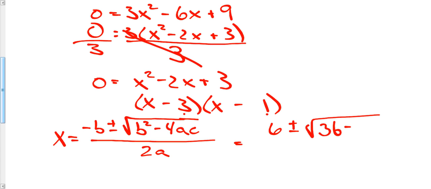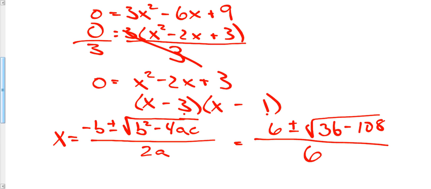So 3 times 9 is 27, times 4 is 108. Exactly. How do I break this down? 27 is the same as 25 plus 2, right? 4 times 25 is 100. 4 times 2 is 8. 100 plus 8, 108. Over 2a, so 2 times 3, 6.